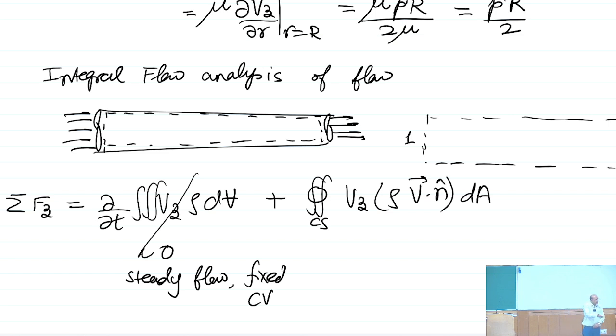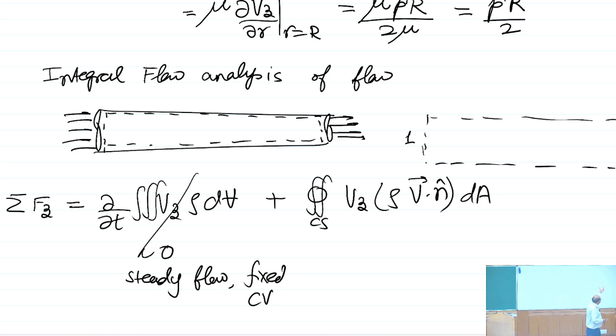Now Vz has some profile, and you have to integrate that. But what we find is that the profile at 1 is exactly the same as the profile at 2. Vz in is the same, but rho v dot n dA has a minus sign on 1 and a plus sign on 2.